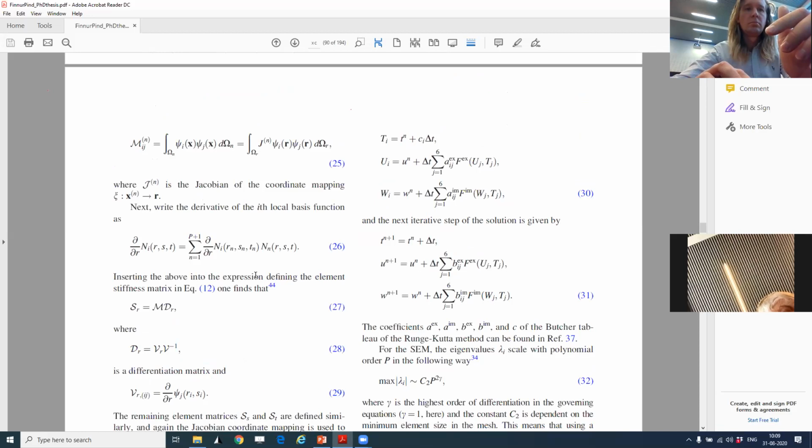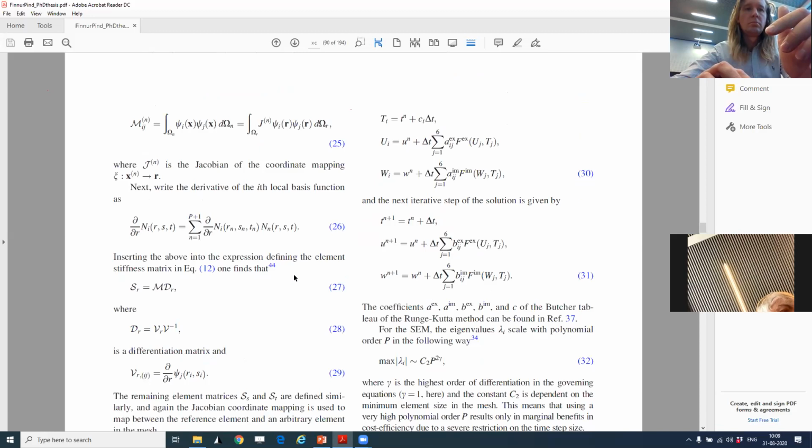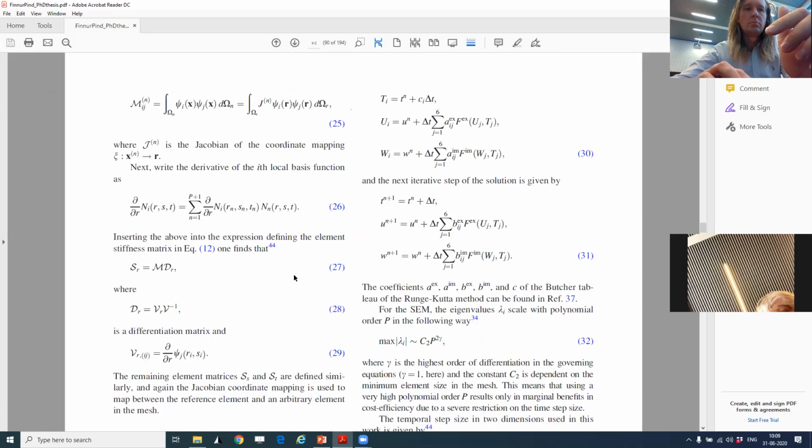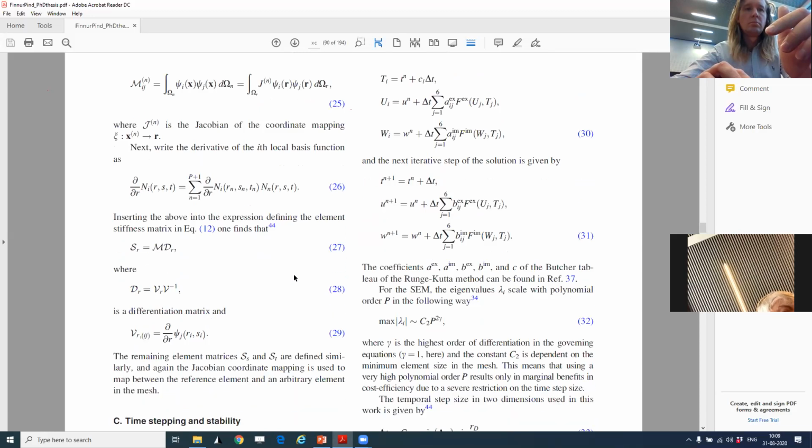standard CFL stability constraint. Yeah, I actually had a detailed question on equation 30. Yeah? So you have U and W. Are they coupled? And if so, how are they coupled?